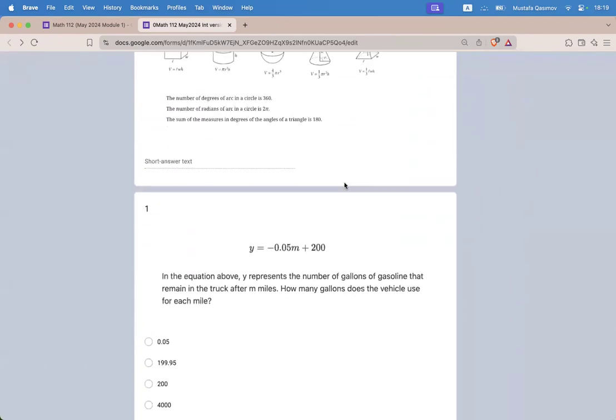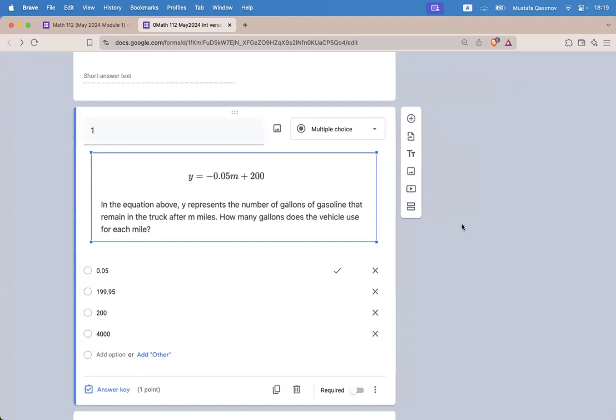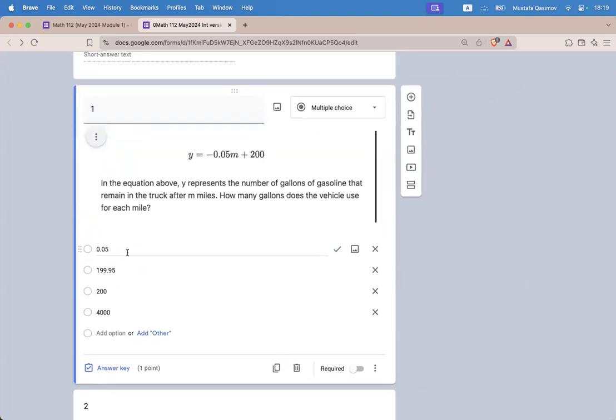Okay, let's start. First question: because it says "each mile," that means slope. So the answer is 0.05. If it's f of -1, okay, let's write every answer. When you say each, every, or per, it is 0.015.